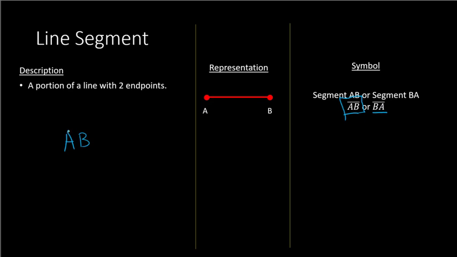So notice the difference. This would be line segment AB. So we just draw a segment above. And then we had on the previous slide a line, line AB. Notice the difference. The line has the line symbol above it. A line segment has a segment symbol above it. So those are different. Make sure we have the correct one.